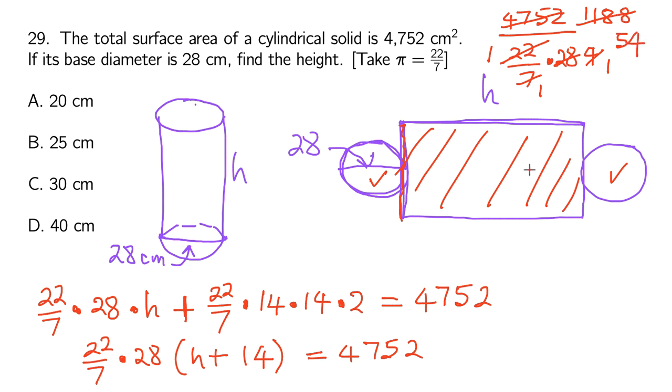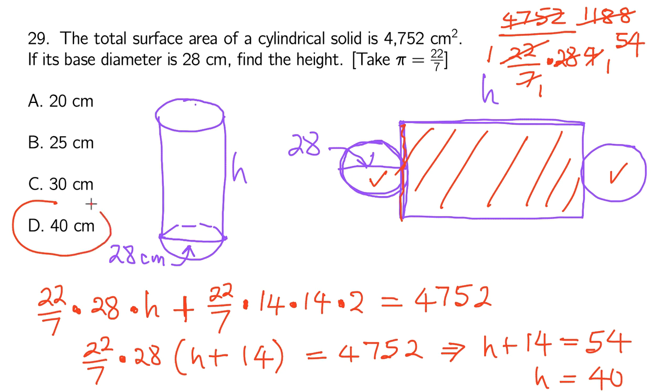So this gives us 54. That means that h plus 14 equals 54. Now if h plus 14 equals 54, then h equals 40. So our answer is D.